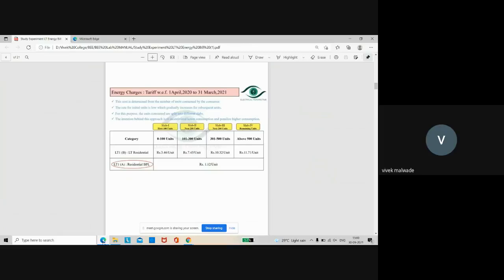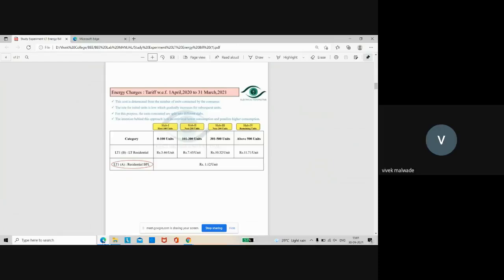Means in this case first 100 units are charged 3.46 per unit, then next 200 units are charged rupees 7.43 per unit, and after that from 301 to 500 units the next slab you are going to be charged rupees 10.30. जितना आप ज्यादा यूज करते हो उतना आपका जो चार्जेस है वो बढ़ने वाला है.